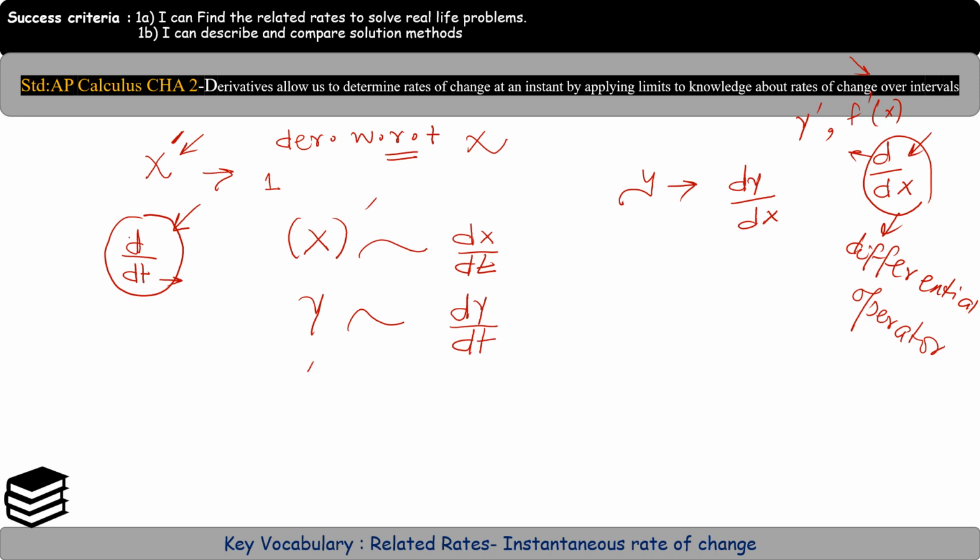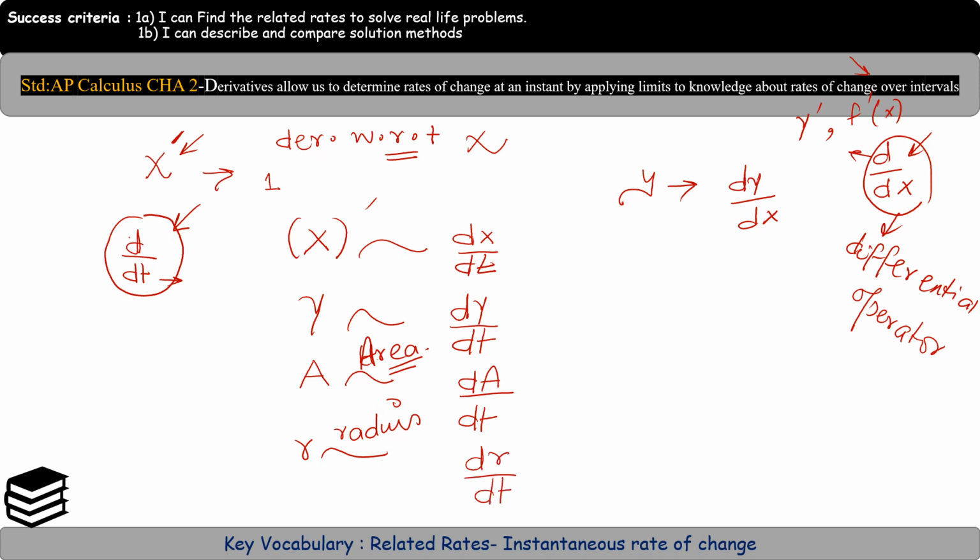Similarly, if I say that A denotes the area, how can we take the derivative of area with respect to time? I will write dA over dt. Similarly, if R represents the radius, what will be the derivative of R? You will say it will be dr over dt.